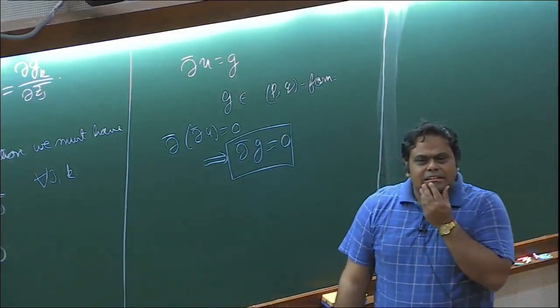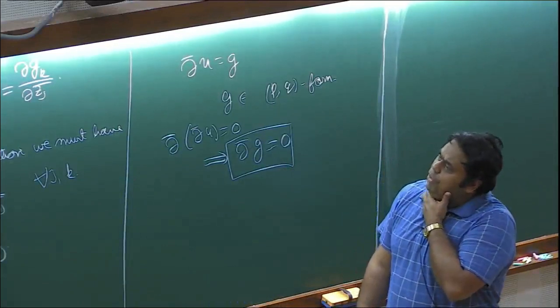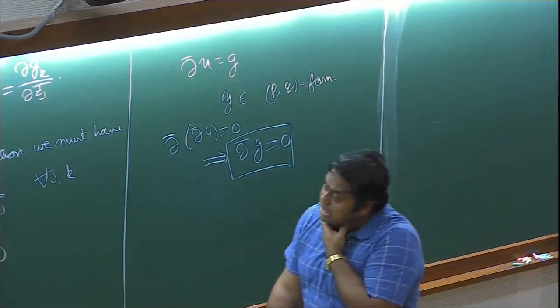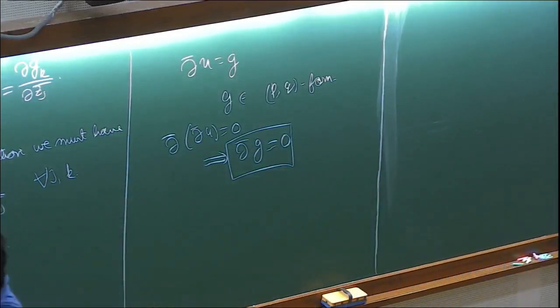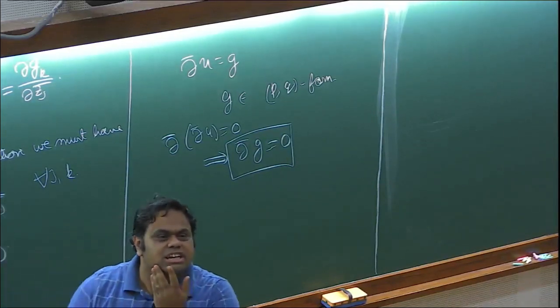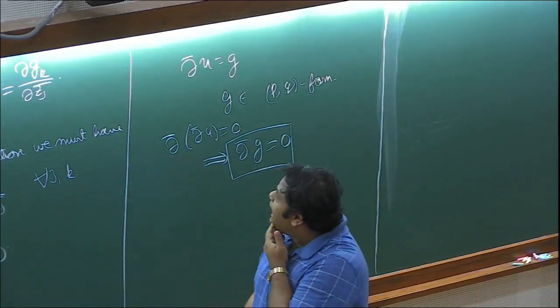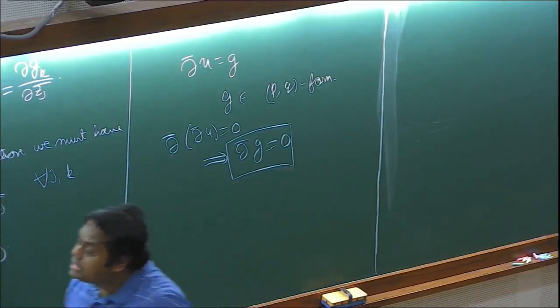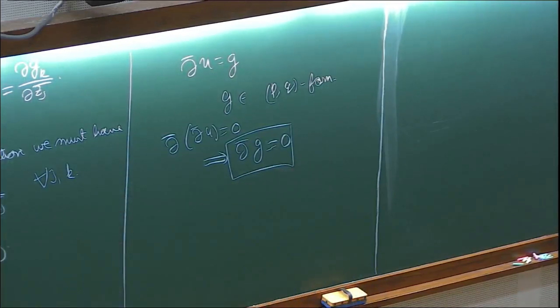Okay? So therefore, we have an overdetermined system. So there are more equations than are necessary to determine the function u. And that causes several new things, including this one. So let me try to explain how that happens.